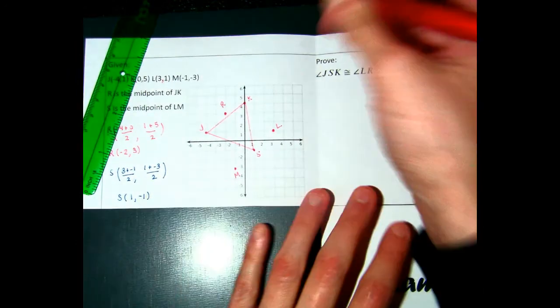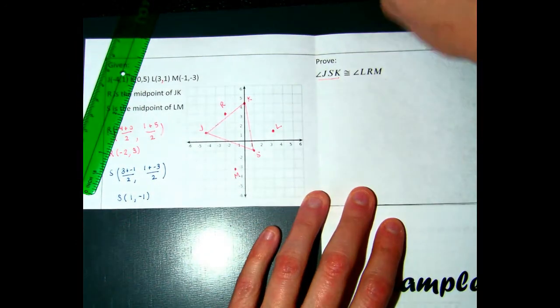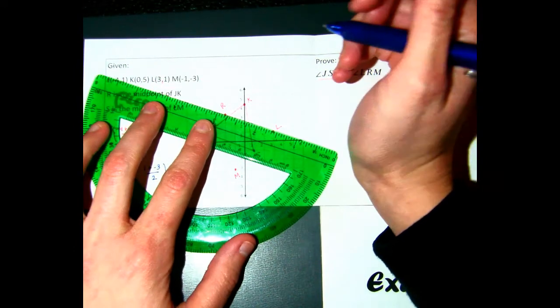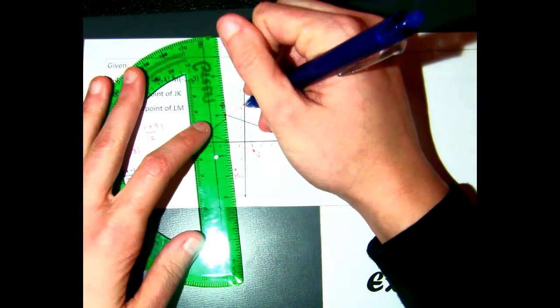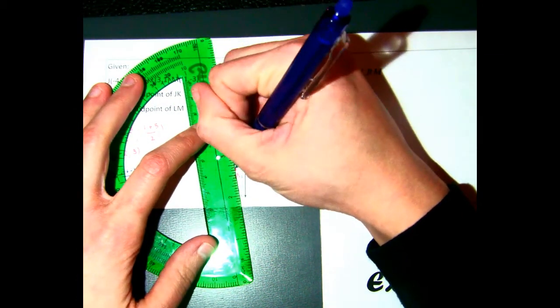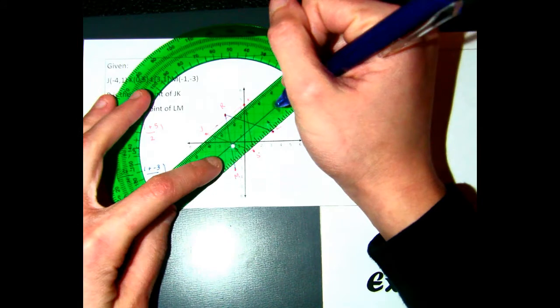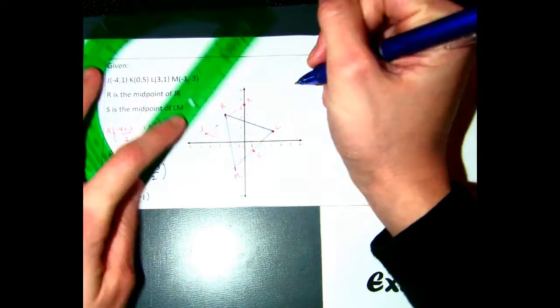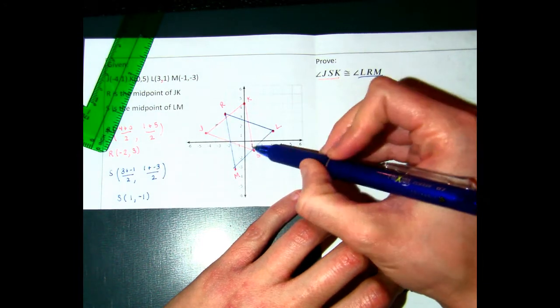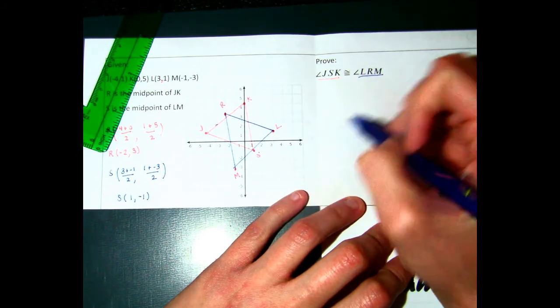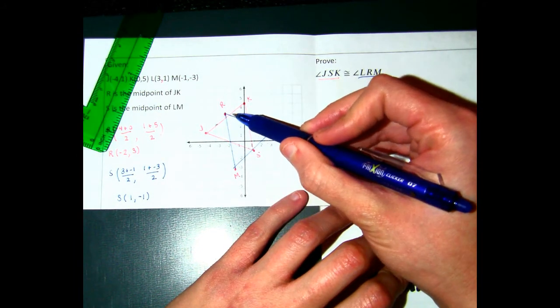There's my first one, JSK. Let's go ahead and graph the next one, LRM. Alright, I've got two triangles here. What I'm actually trying to prove is that JSK, this angle right here, is congruent to LRM, this angle here.